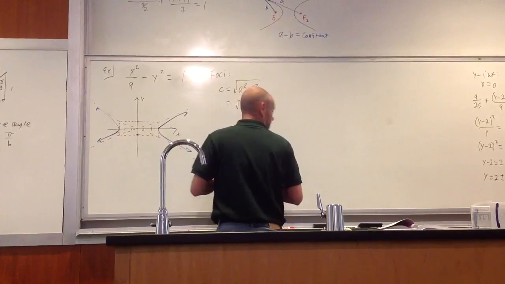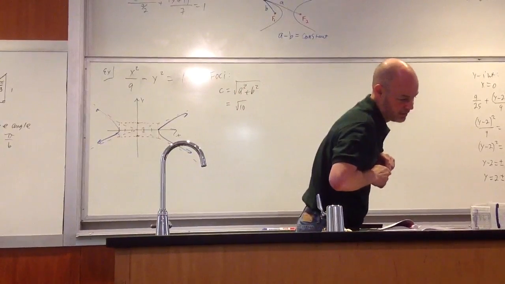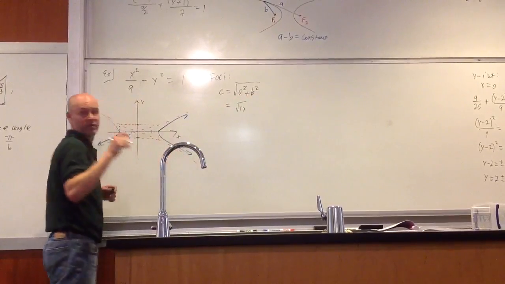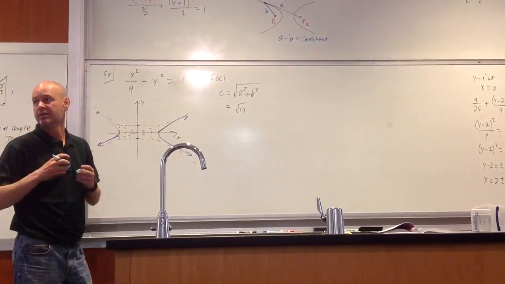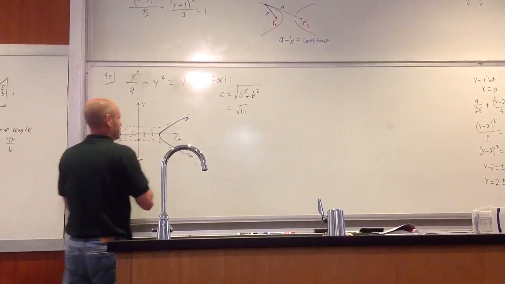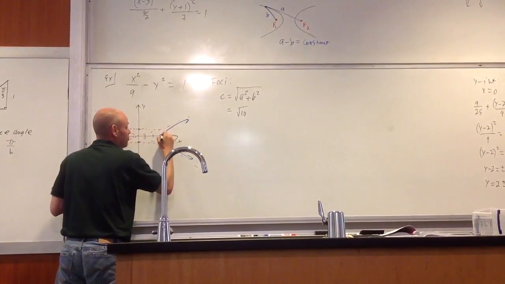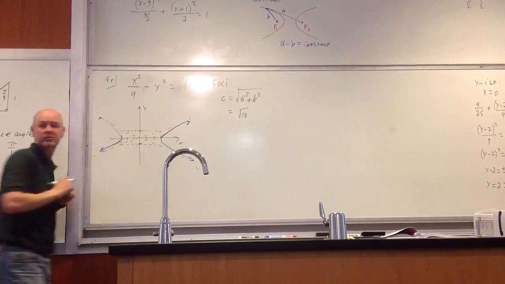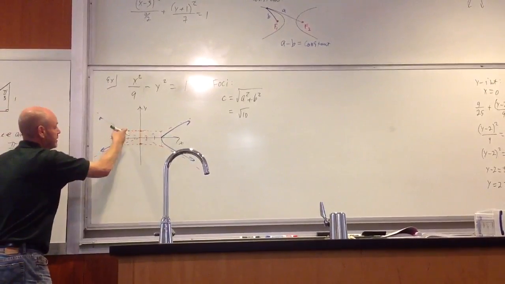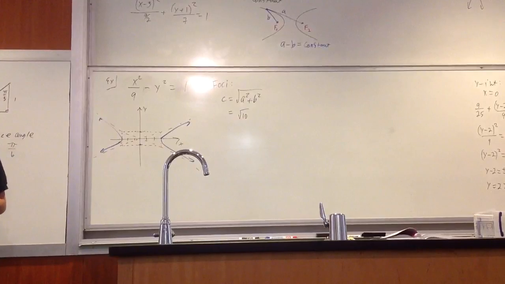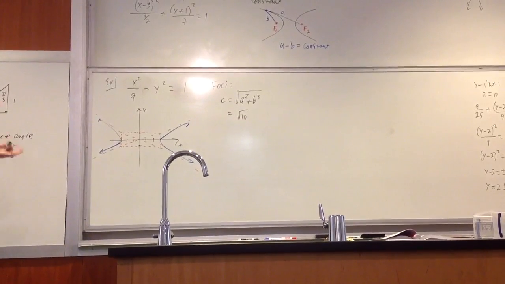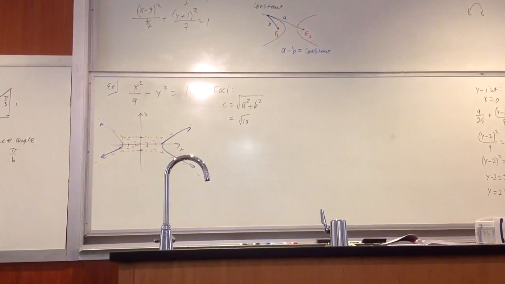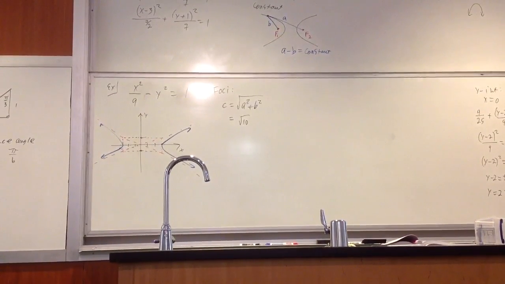So in this case, the foci, let's use root 10. Can you do root 10 and tell me what you get? 3.16. About 3.2. So that's going to be really close there, right? Because this is 3 and then 0.2. It's because this one's very narrow. The wider it is, the further out the foci are. The same with a parabola.